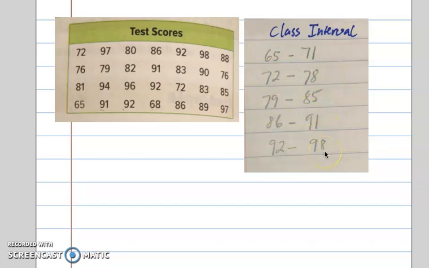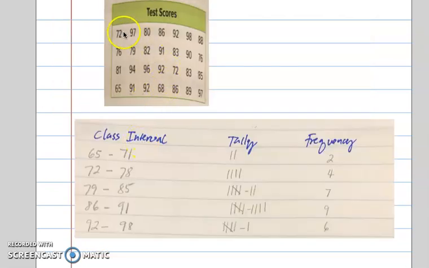And that's how you are going to create the intervals, because you are going to make 5 groups. 1, 2, 3, 4, 5. Remember, we want to make 5 groups. Then we tally all this information here. How many people got, so 72, I tally it here. 76, I tally it here. Then 81, I'm going to put a line on 81, it's here.